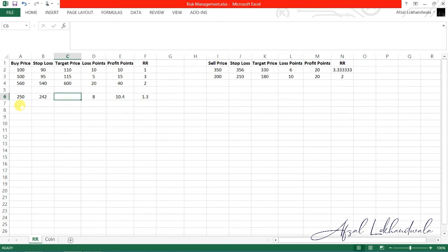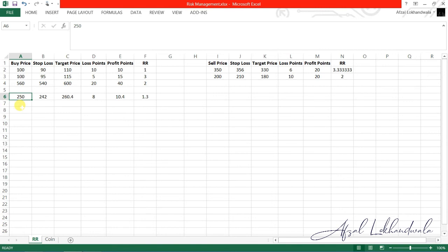Now we can easily determine our target price, that is buy price plus profit points, that is 260.4. So in this trade, when we buy it at 250 and have a stop loss at 242, then our target should be 260.4.